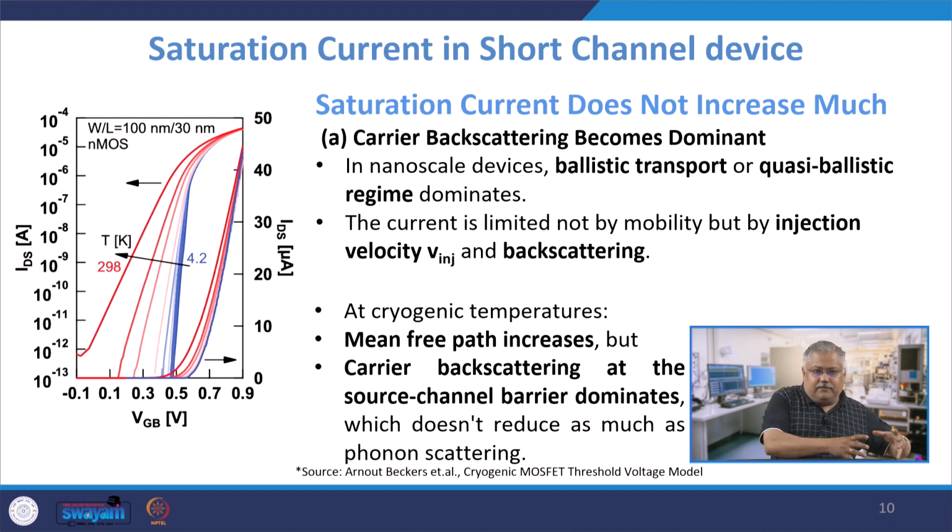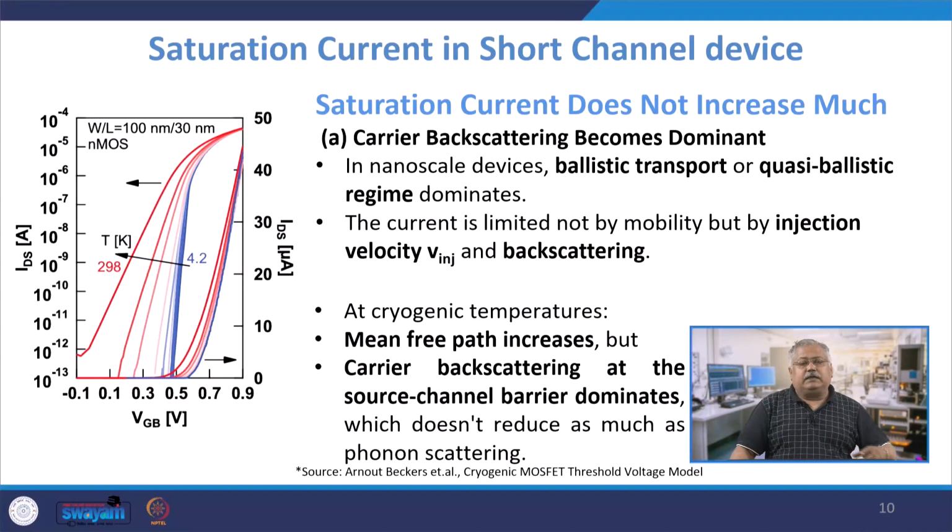When you do nanoscale devices, there are a large number of papers or studies on ballistic transport or even quasi ballistic transport, and the current is limited not by mobility but by the injection velocity. Injection velocity is the velocity by which the electrons are injected from the source side into the drain side, and there is also a level of backscattering, which basically means that if there is a 180-degree shift in the direction of the charge carriers because of lattice vibration, we define that as backscattering.